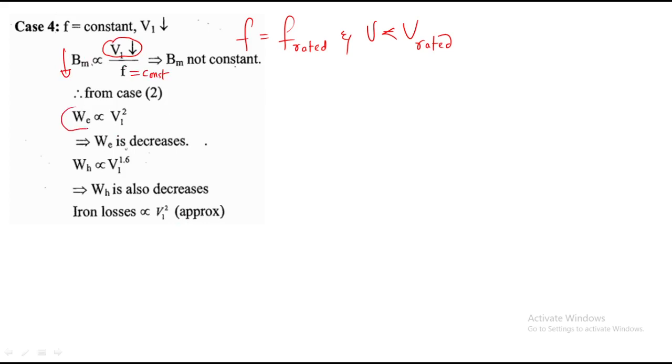Therefore eddy current loss is proportional to supply voltage; here the supply voltage is reduced, so eddy current loss also decreases. Clear? What about hysteresis loss? Supply voltage is less than rated voltage, so hysteresis loss also decreases. Therefore iron loss is proportional to V square only.